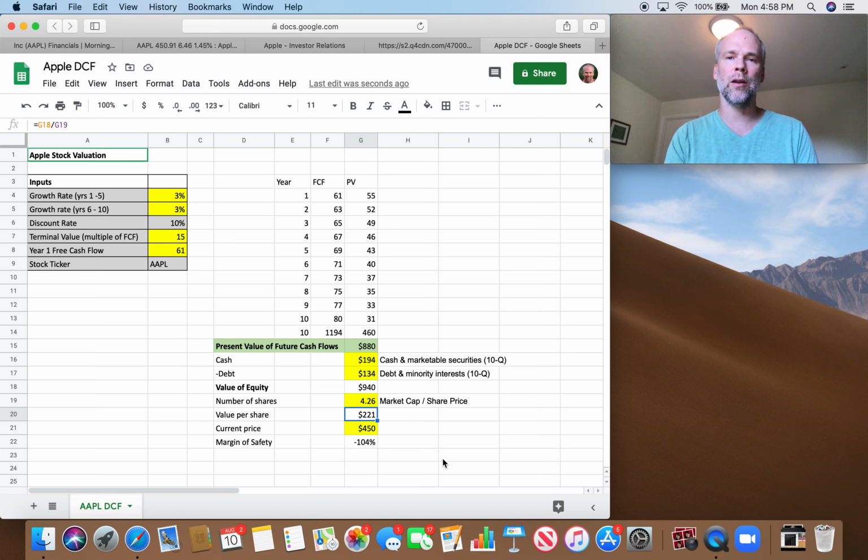So, considering that, well, it's the same deal. It's got to come down dramatically before I'm interested. It basically has to drop 2/3 from where it is now in order for me to be interested. So, that's fine. I don't need to buy Apple. I can just keep an eye on it and wait until it hits my buy price. And then if it does, I'm happy to buy in.